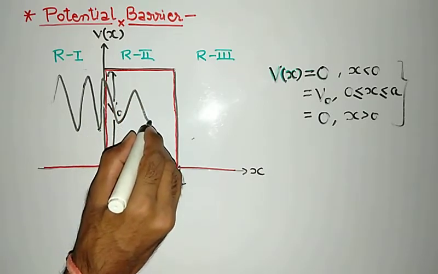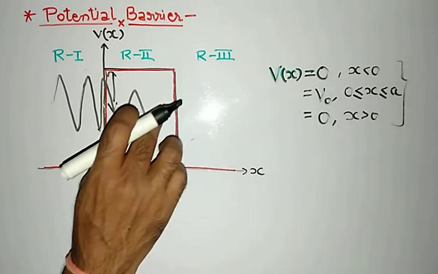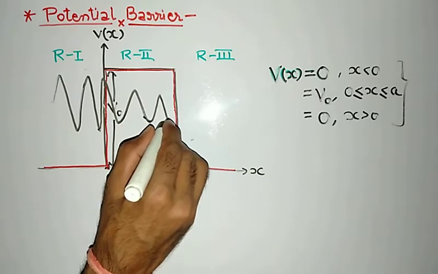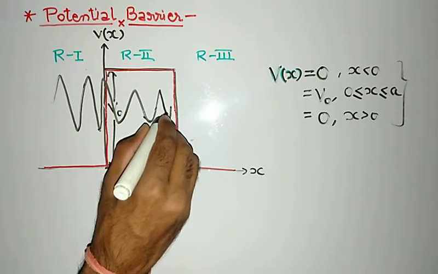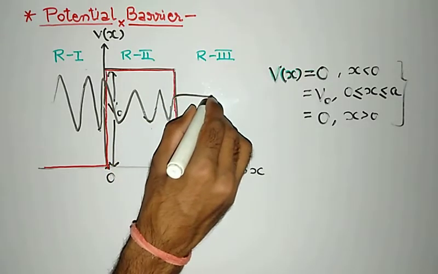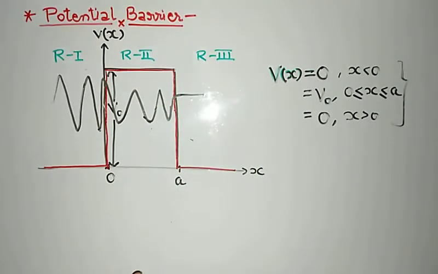Amplitude variation is there, and something straight. What we want to show here is now of more importance.